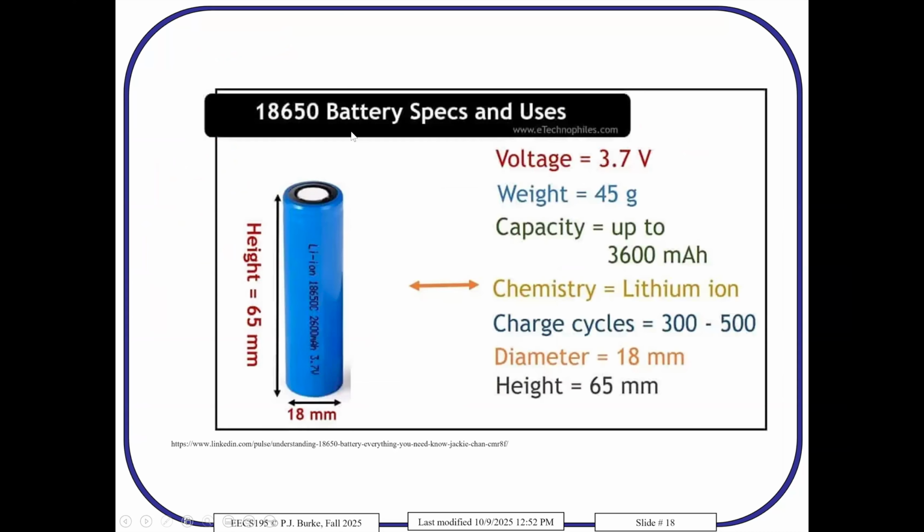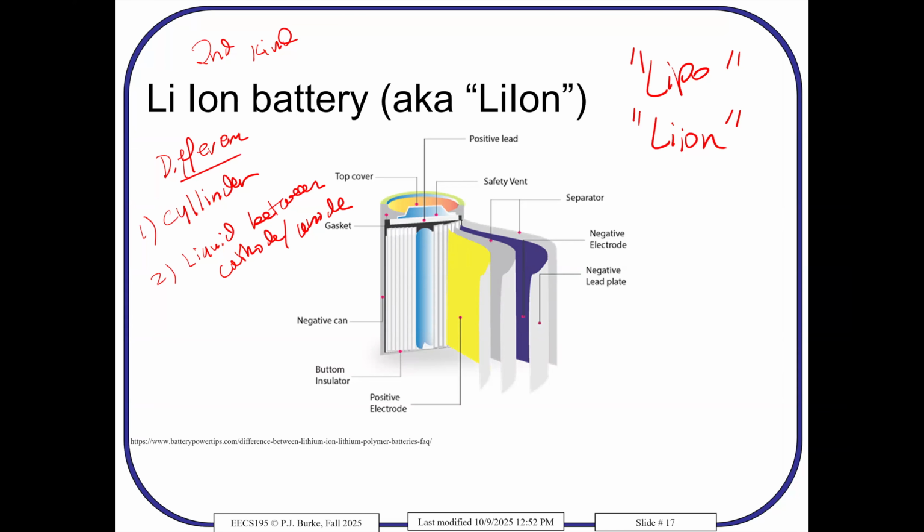The one nice thing about the cylindrical ones is that they are also encased in a hard steel shell typically. So one more difference is lithium-ion usually has a metal case. And you can get more surface area also.